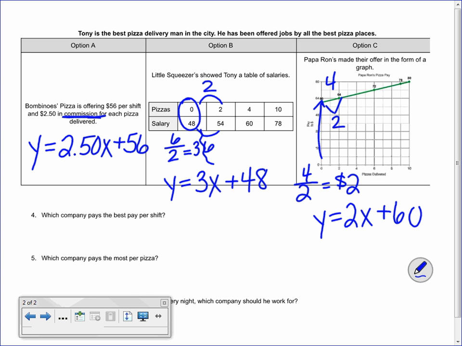And so in number 4, which company pays best per shift? Okay, so option A, he gets 56 no matter what. B, he gets 48. And C, he gets 60. So Papa Ron's, no matter what, per shift, he's going to get the most.